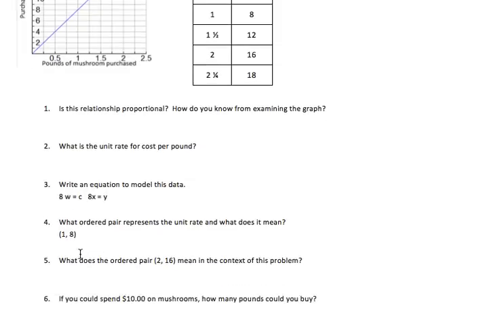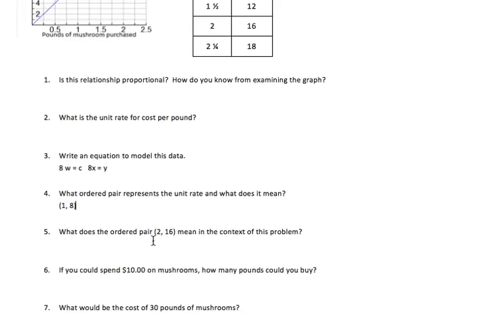Following that same pattern, the ordered pair (2, 16) would mean for every 2 pounds of mushrooms, the cost is $16. Then, if we could spend $10 on mushrooms, how many pounds could you buy?